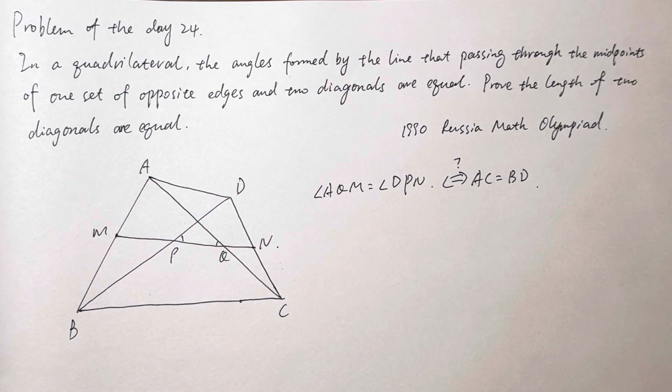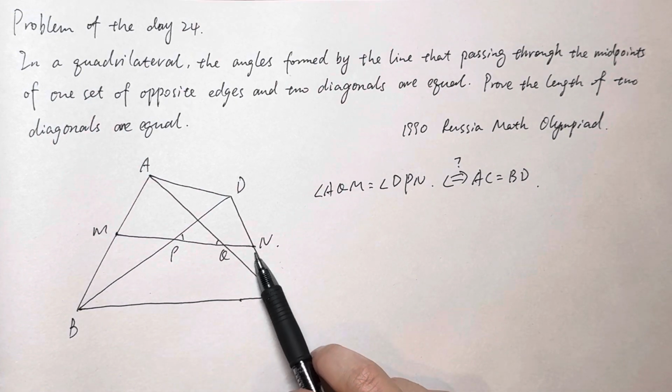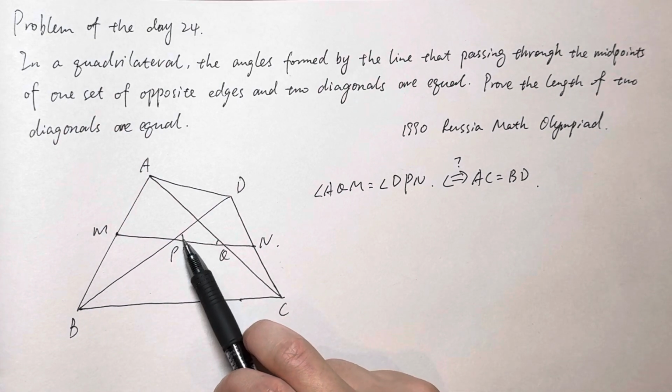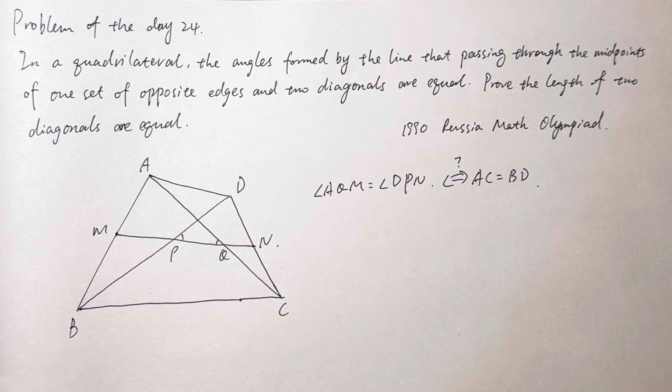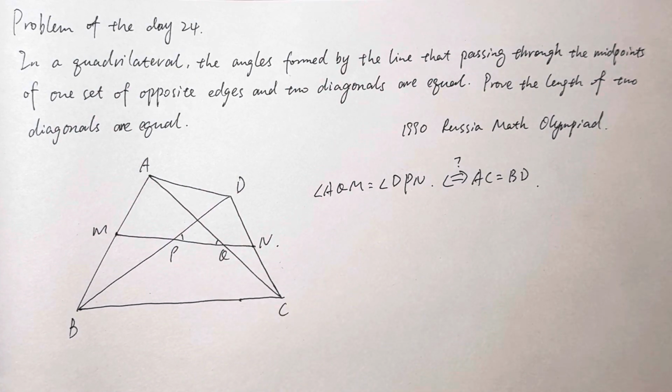So for this kind of problem, the first thing we notice here is that we have the midpoint, right? And we also know two angles are equal. So we have to have this mindset that since we already have two angles equal, we already have an isosceles triangle.